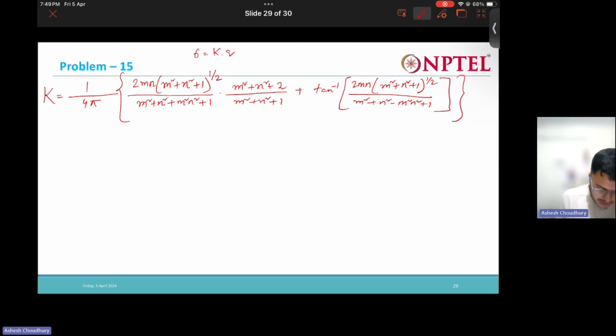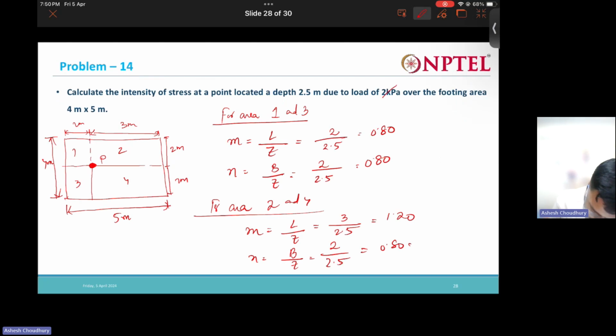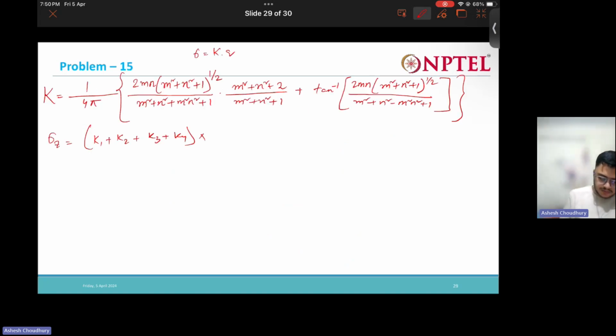Okay, so this is the expression. So we will be having the expression like this: sigma z is equal to k1 plus k2 plus k3 plus k4 times our total load. So loading is 250 kPa. Not 2 kPa, it's 250 kPa. Okay, times 250. This will be the final answer.